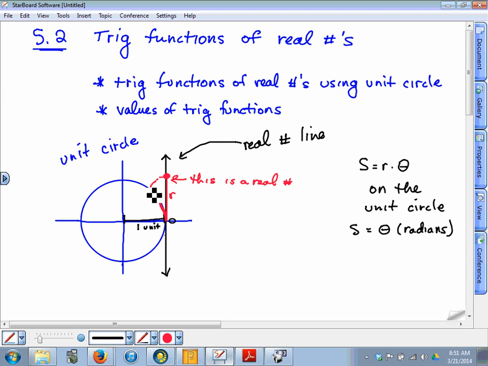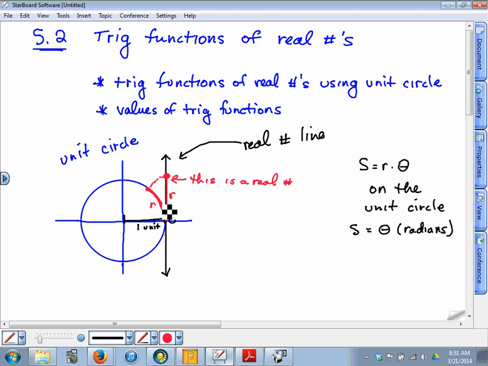If I took that length and wrapped it around the unit circle here to here, that also has a length of r. So what we're doing using the unit circle is taking any real number and just wrapping that real number around the unit circle. Why would we want to wrap that real number around the unit circle? Because now we can find the arc length.